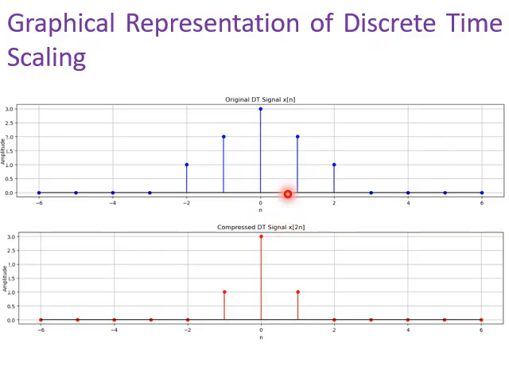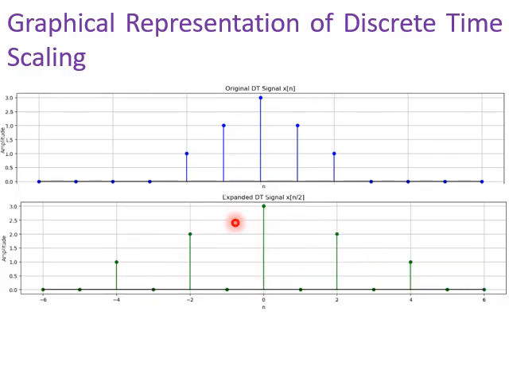Now depending upon the value of the scaling factor, which is 2 here, this signal can be compressed and this can also be expanded. So again shown here is the original signal x of n, and this is the expanded version of the signal. You see this is x of n and this is denoted by x of n by 2. So you see the scaling factor here is 1 by 2.